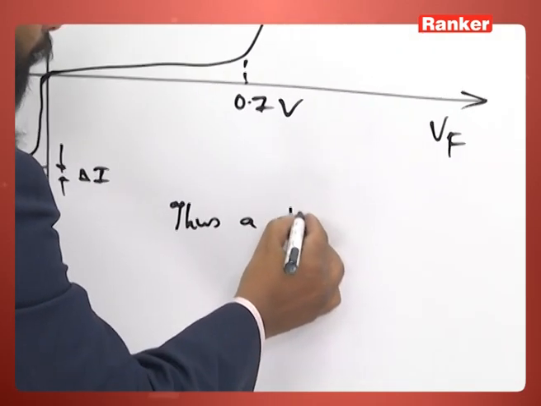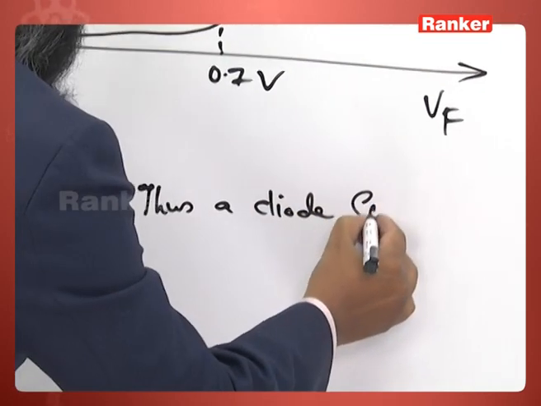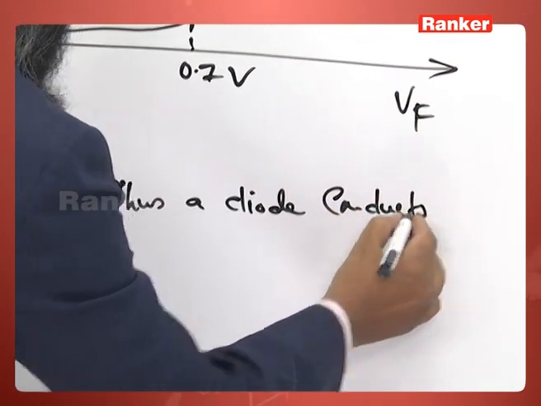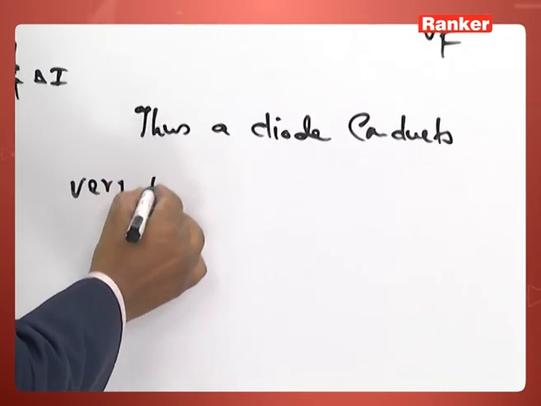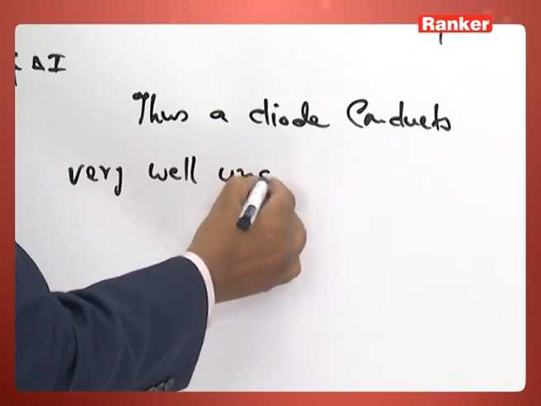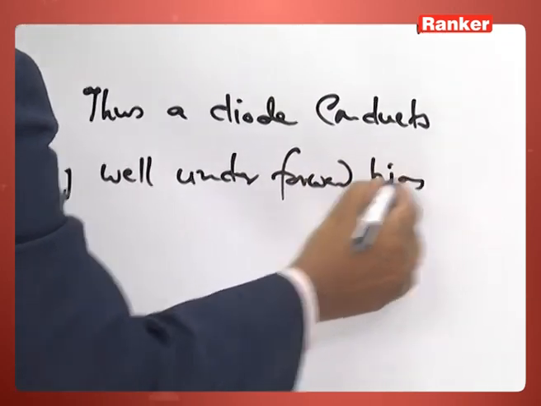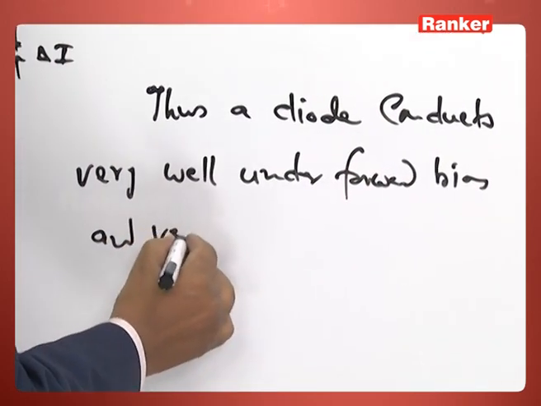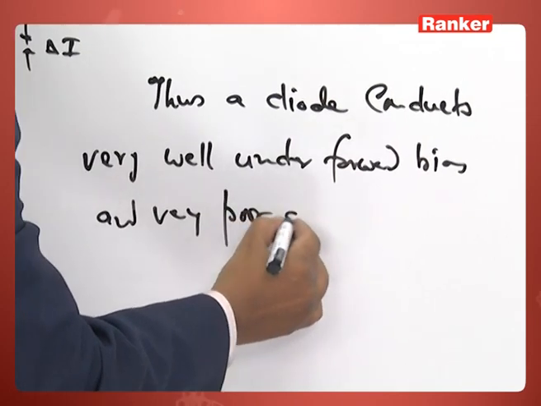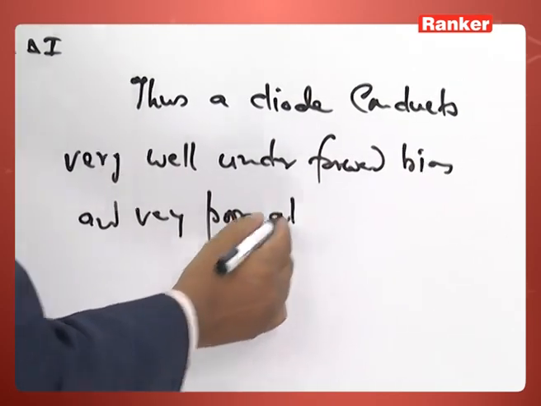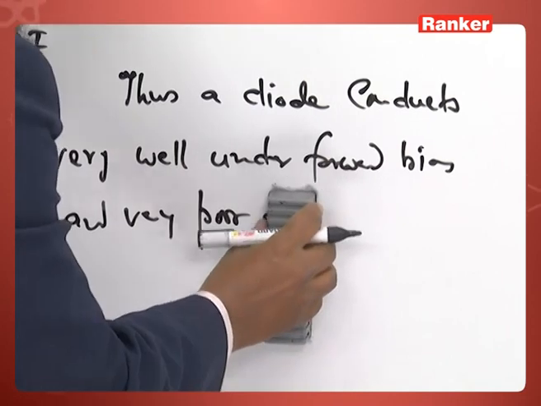So thus a diode conducts very well under forward bias and very poorly under reverse bias.